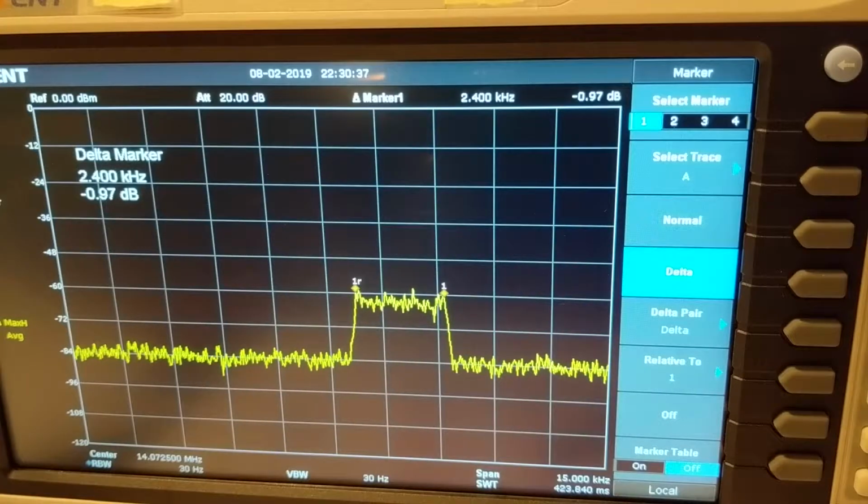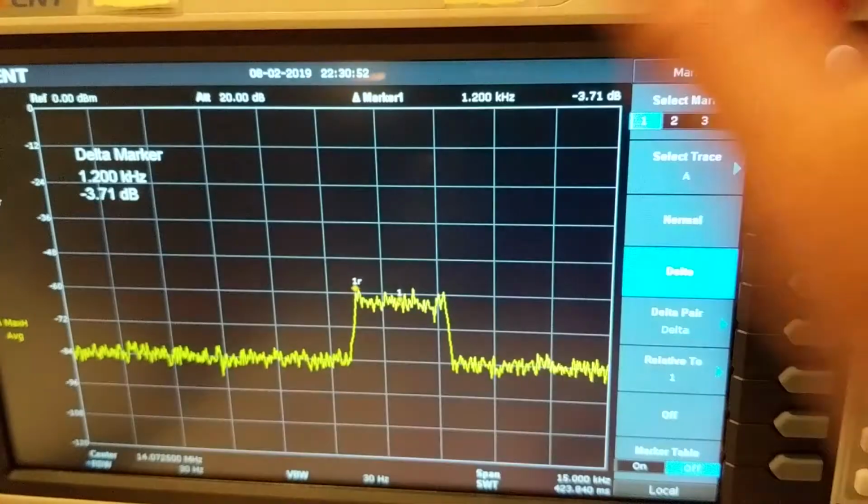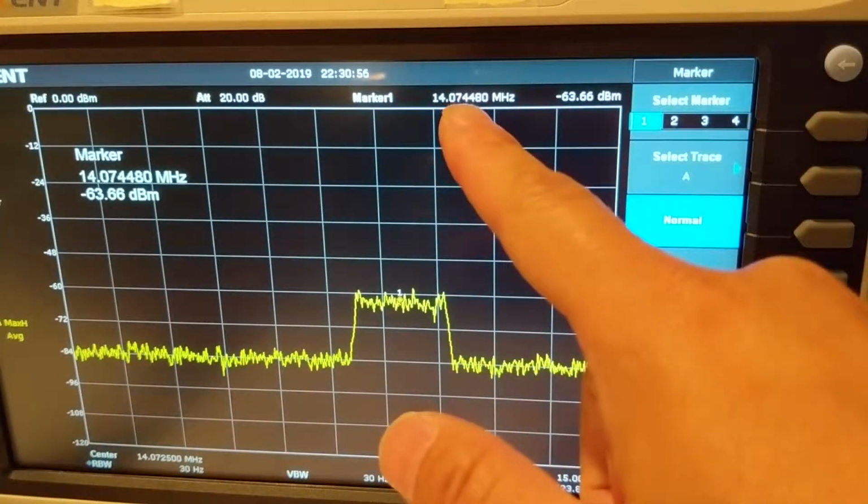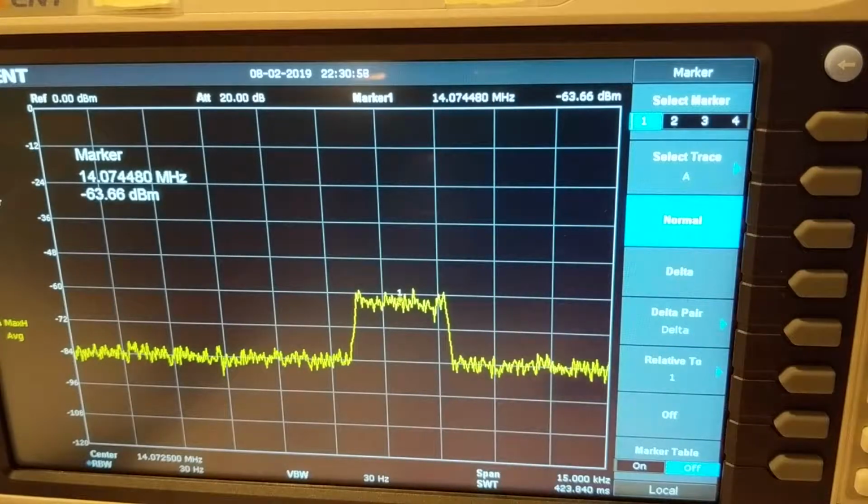Let's see our middle one. So it's 2.4. Let's see what the middle frequency is. Okay, this is 1.2. Let me see the frequency: 14.744. So here I got a number.